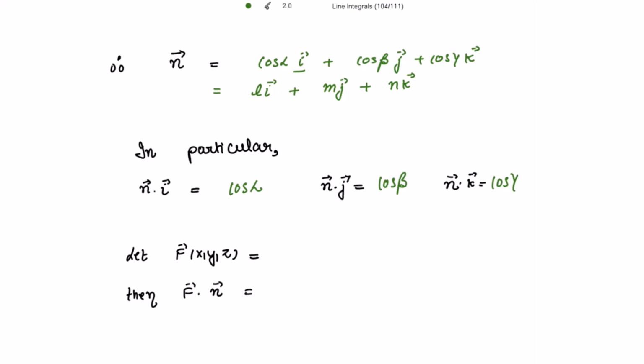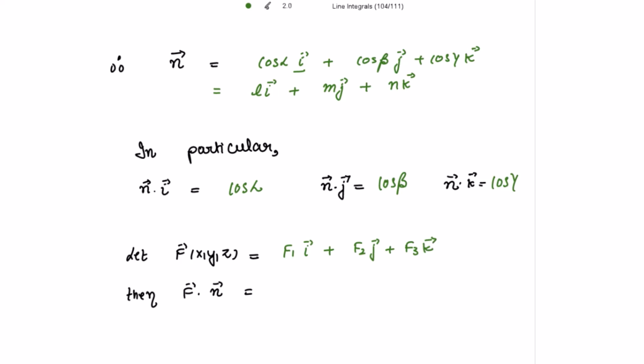So let f vector, which depends upon x, y, z, be written in components as f1 i vector plus f2 j vector plus f3 k vector.